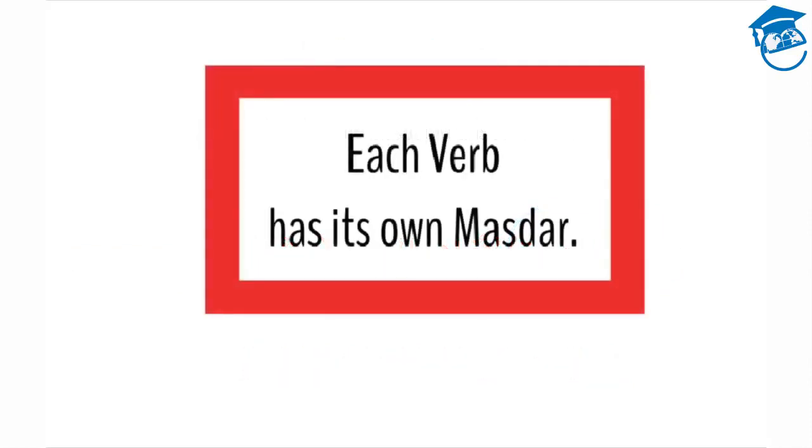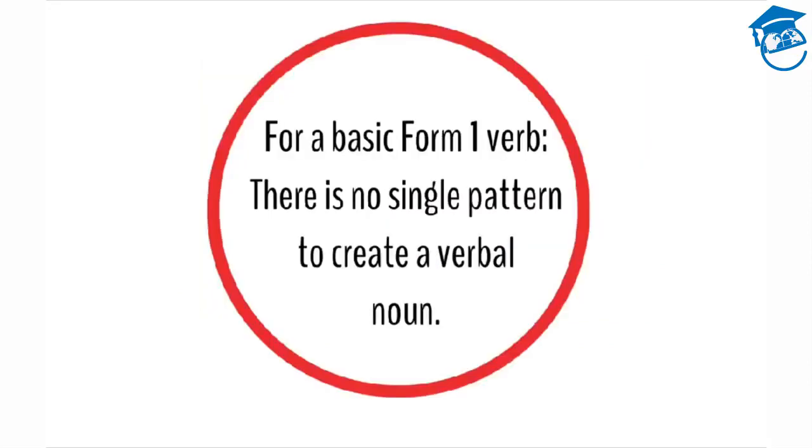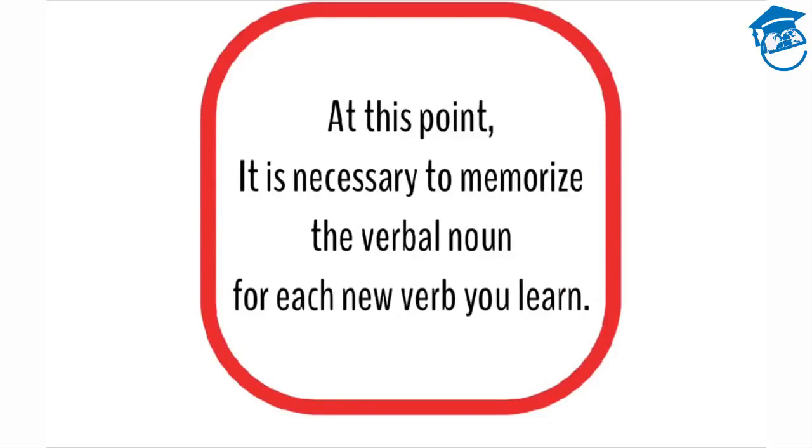Each verb has its own masdar. For a basic Form 1 verb, there is no single pattern to create a verbal noun. There are some patterns that you can use, but at this point, it's necessary to memorize the verbal noun for each new verb that you learn.